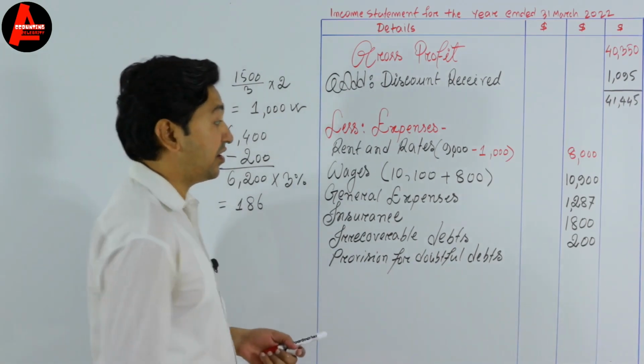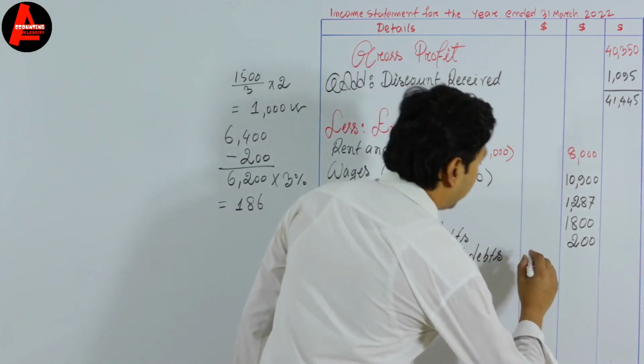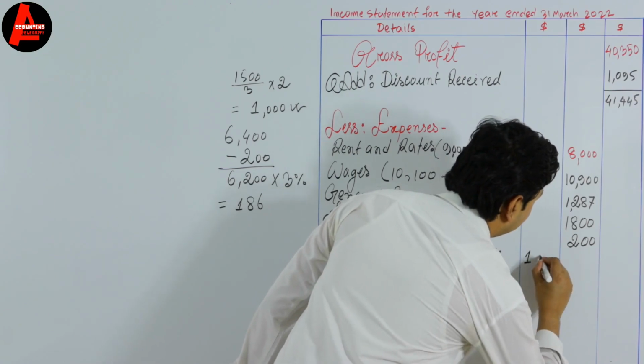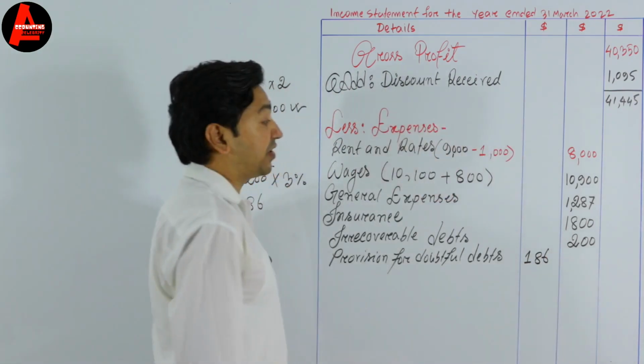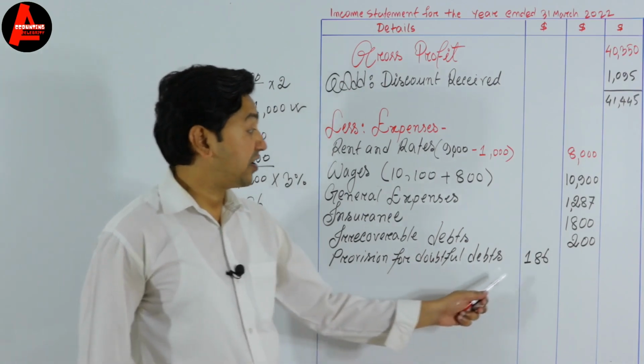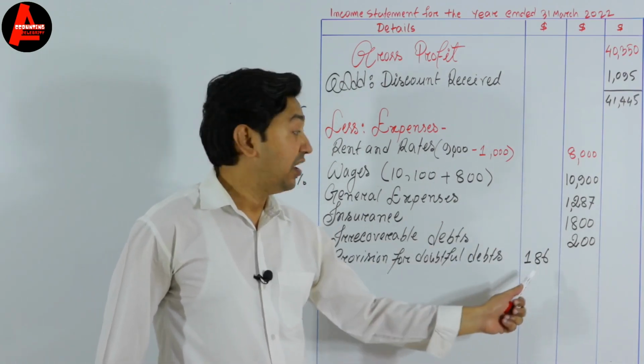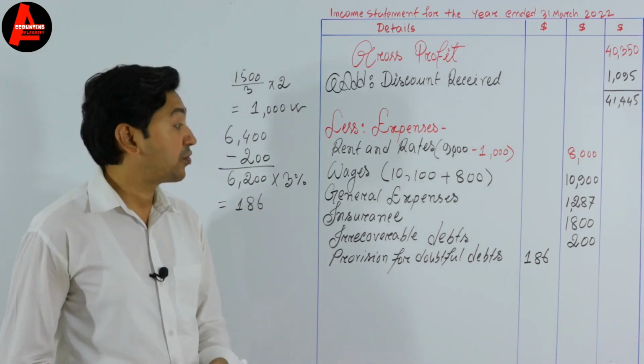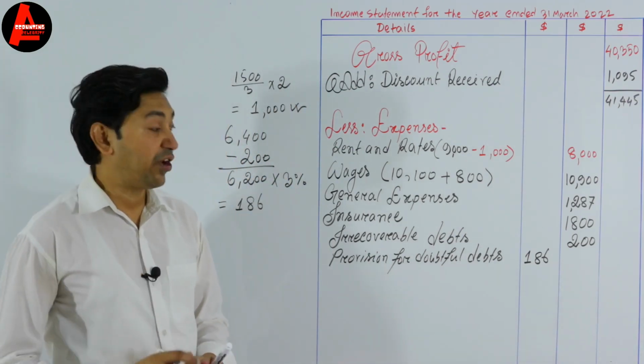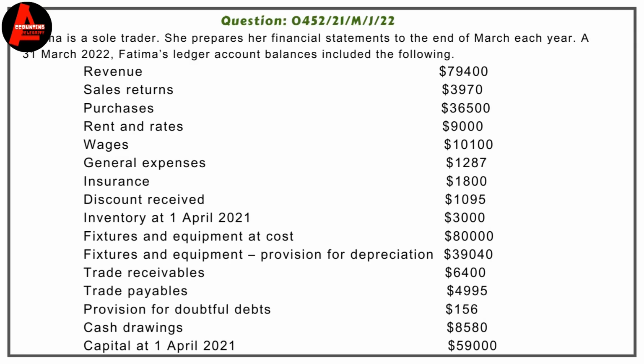So let us write here this amount, 186. Now you might be thinking why I wrote this expense in this first column, because all expenses we wrote on the second column. Yes, we have one more provision for doubtful debts in the question. Here we have provision for doubtful debts $156.